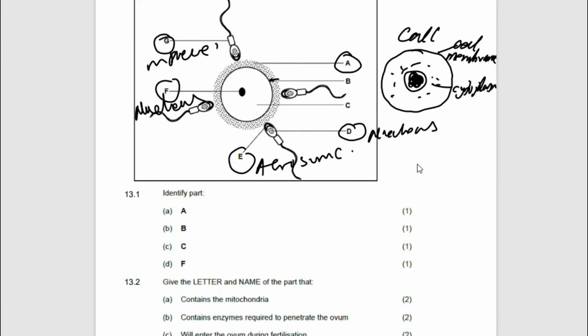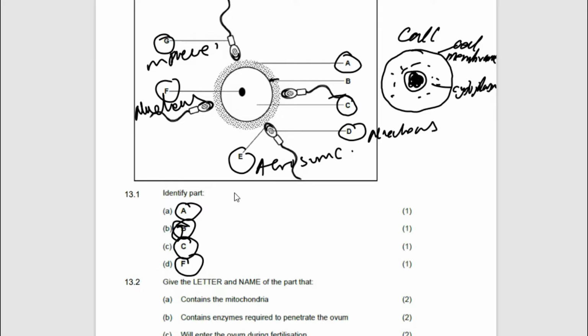So basically we have labeled it. So A, they want A, we have seen it. A is the gel-like layer. B is the cell membrane, the membrane of the cell, or plasma membrane. Then C is the cytoplasm. And then F, where is F?